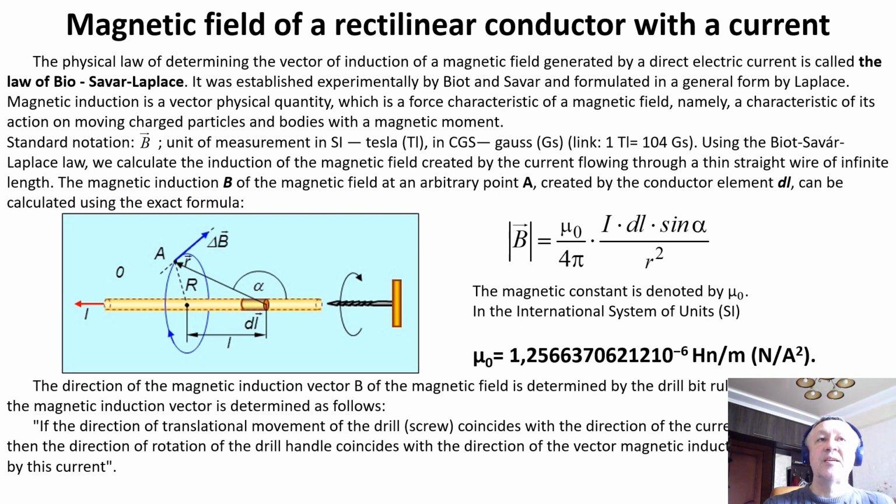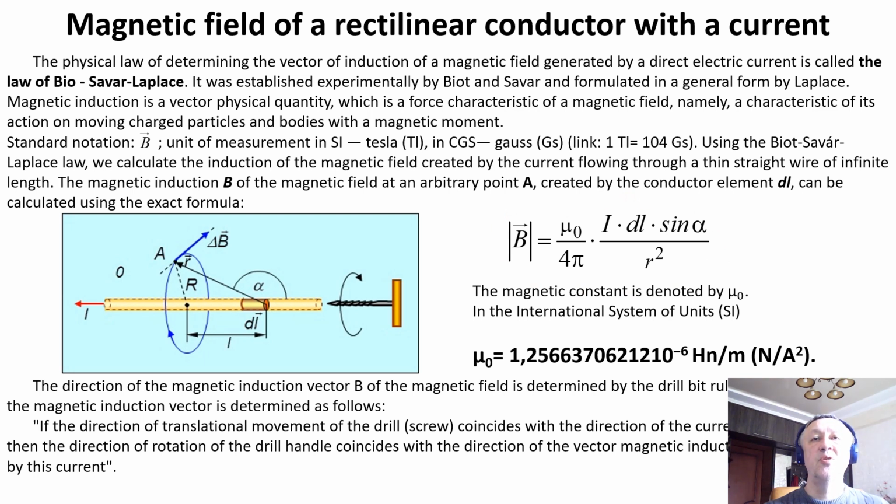Using the Biot-Savart-Laplace law, we can calculate the induction of the magnetic field created by the current flowing through a thin, straight wire of infinite length. The magnetic induction B of the magnetic field in an arbitrary point A created by the conductor element dl can be calculated using the exact formula.